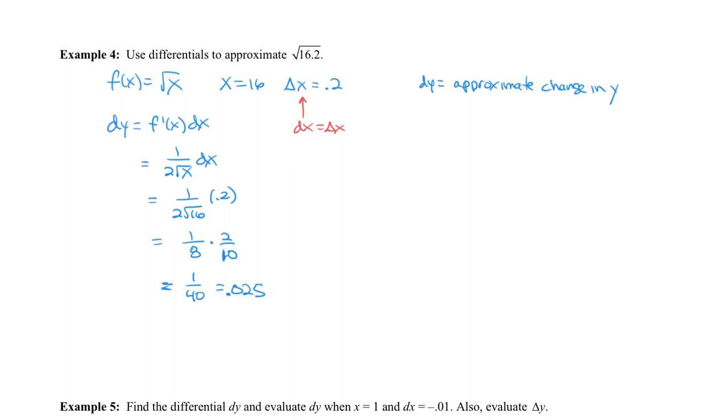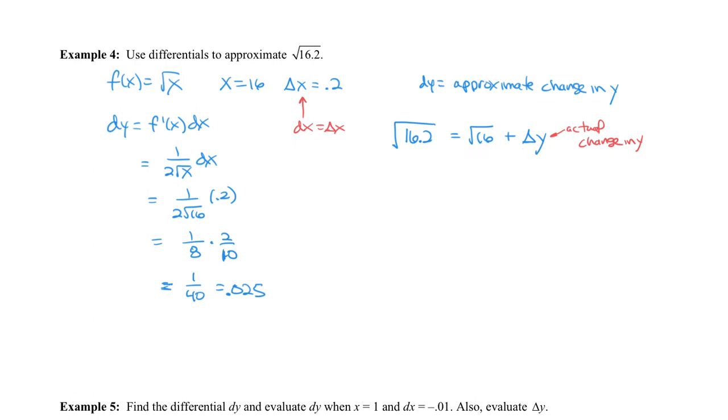So what we're really finding is this. We're finding that the square root of 16.2 is equal to the square root of 16 plus some change in y. And again, this is the actual change in y as x goes from 16 to 16.2.